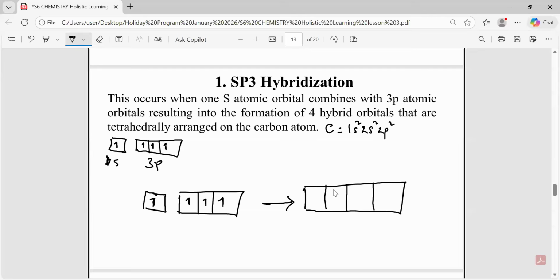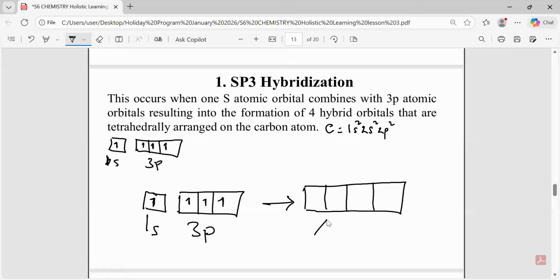We are going to bond it with a hydrogen atom, and that comes in when you're looking at an example. But now we are looking at it generally. What is sp3 hybridization? From the definition, this occurs when 1 s orbital combines with 3 p atomic orbitals, resulting in the formation of 4 hybrid orbitals.